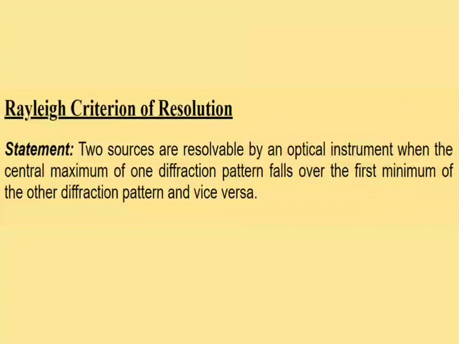What is the statement said by Rayleigh for resolution? Two sources are resolved by an optical instrument when the central maxima of one diffraction pattern falls over the first minima of the other diffraction pattern and vice versa.